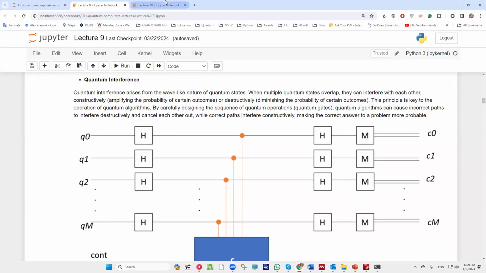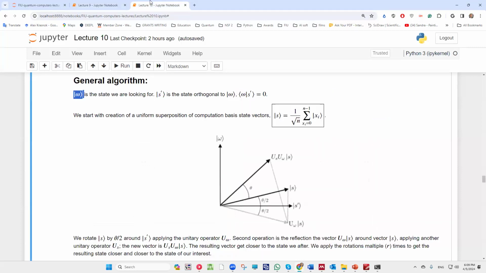After this layer of Hadamards, all qubits are in the superposition state, and this state is represented by the state S. Next we apply the oracle, which flips this vector S, or rotates it around the state S prime by an angle of theta over 2. After this we get this new vector denoted by U omega S.